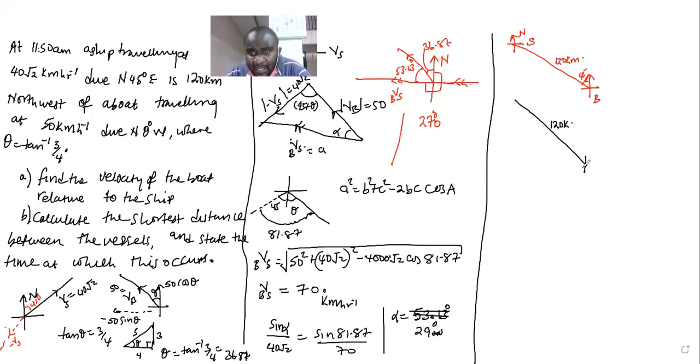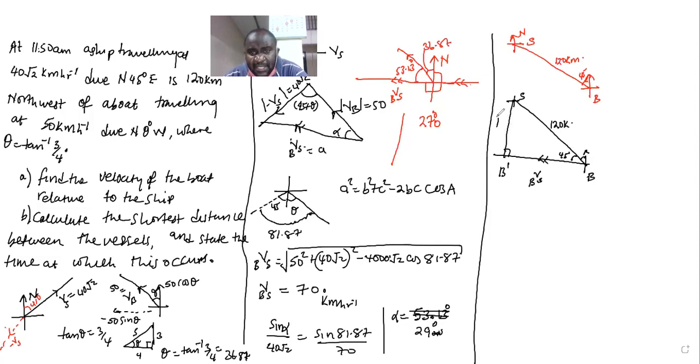In that case, it will move along this line towards the west until a point is reached when the distance between the ship and the boat is making 90 degrees with the relative path. So this is the relative path where we have the relative velocity of the boat to the ship. But remember, we said this was going west. So if this is 45, likewise, the angle in here will also be 45.